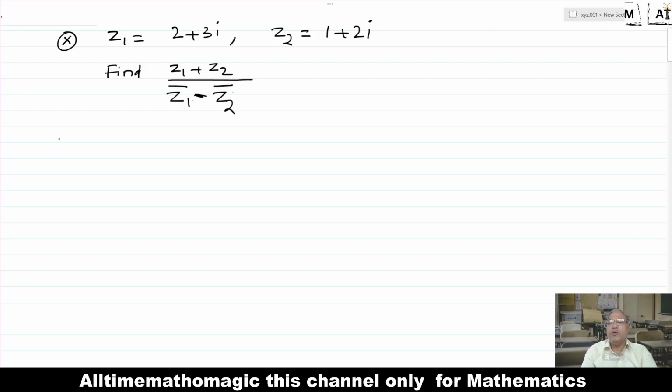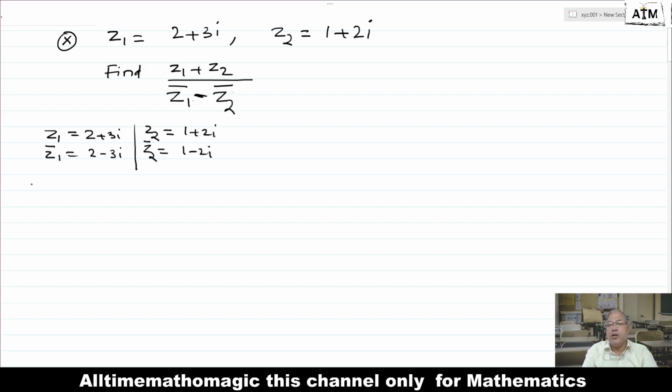So first of all, Z1 equals 2 plus 3i. Therefore, Z1 bar equals 2 minus 3i. And Z2 equals 1 plus 2i. Therefore, Z2 bar equals 1 minus 2i.